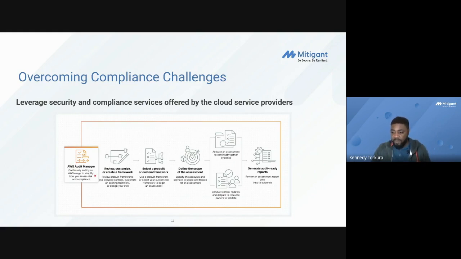And you can define things like, maybe you have a custom framework you want to align with, or you want to use some frameworks that are already defined in one of the services. You can define all of that here. In the end, you see here that it's going to generate audit-ready reports, which you will take to the auditor, and he will use it as a basis for assessing how ready you are for the compliance.